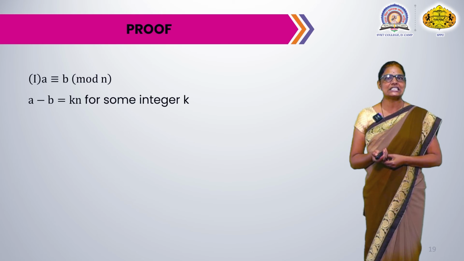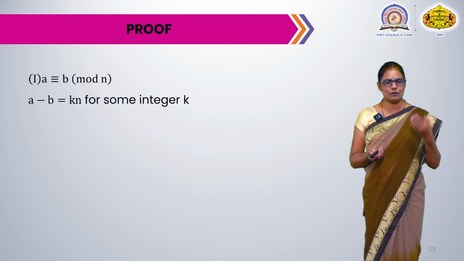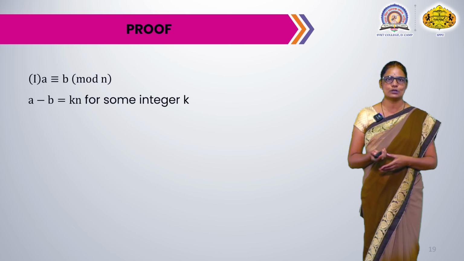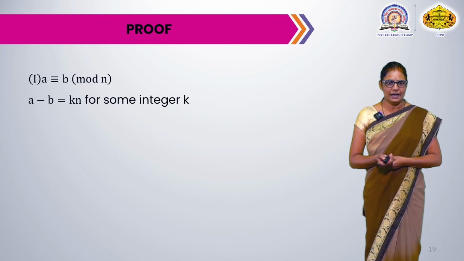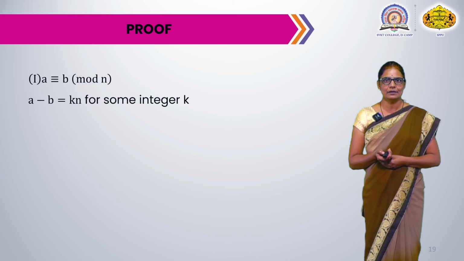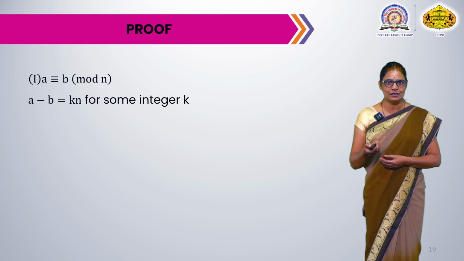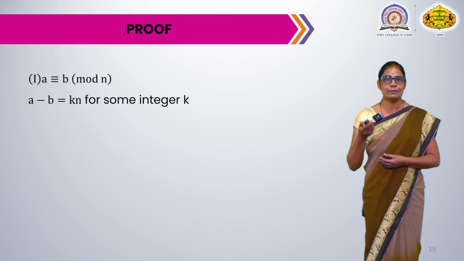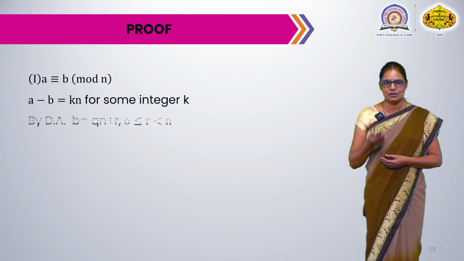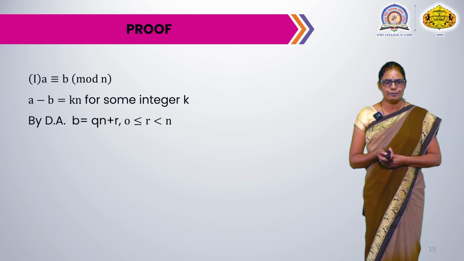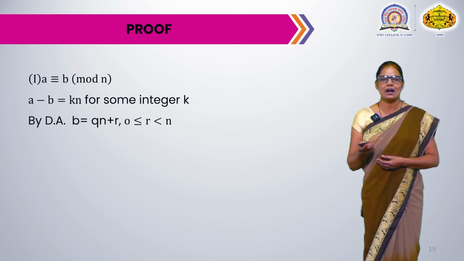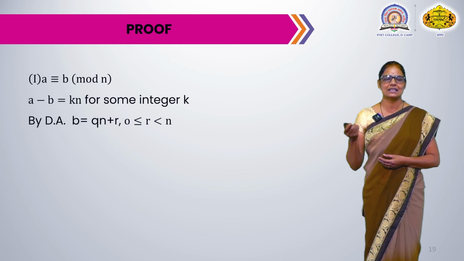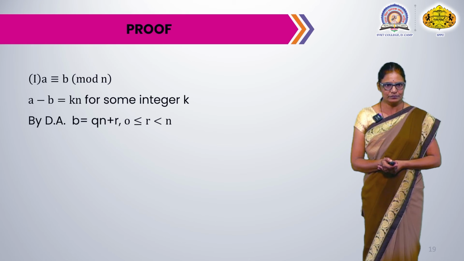So we consider the division of b by n and apply the division algorithm theorem. There exist a quotient q and remainder r when we divide b by n. So b can be written as qn plus r with 0 less than or equal to r less than n.